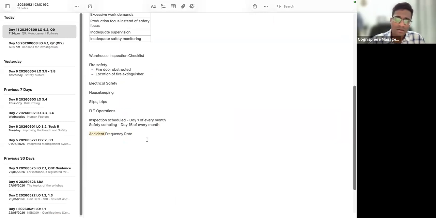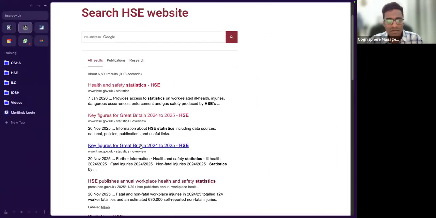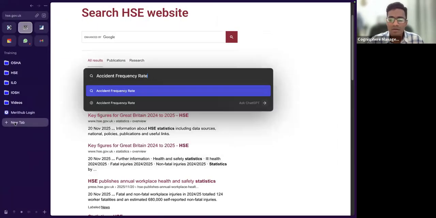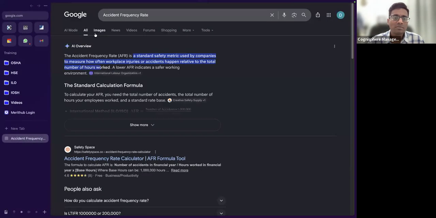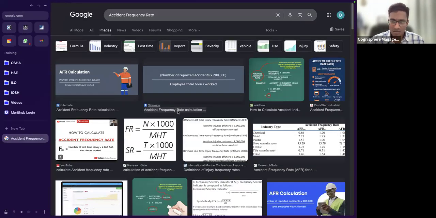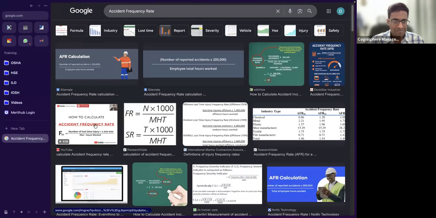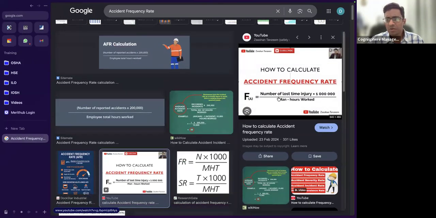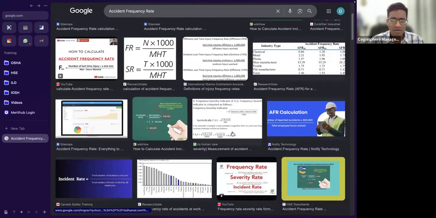I can go and check. So you could see accident frequency rate: number of lost time injuries, into a multiplier, and divided by man hours worked.